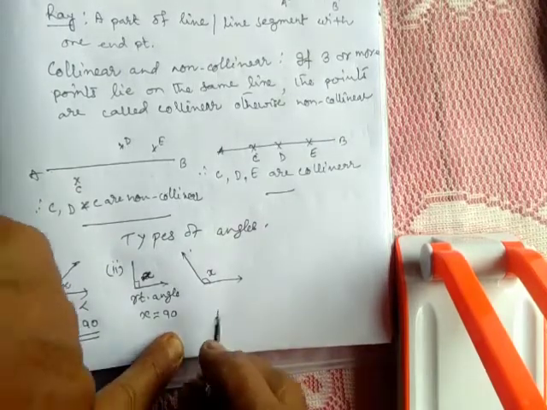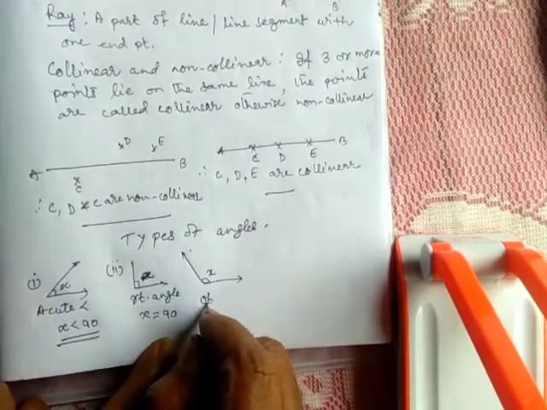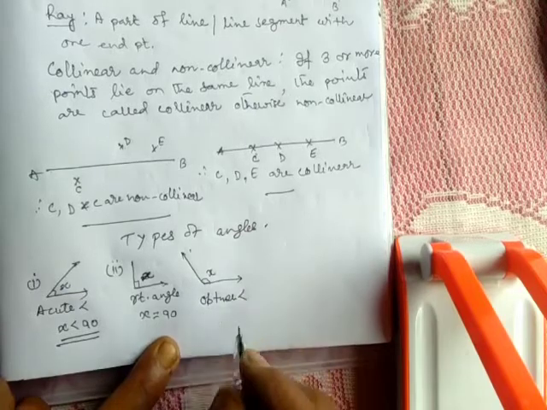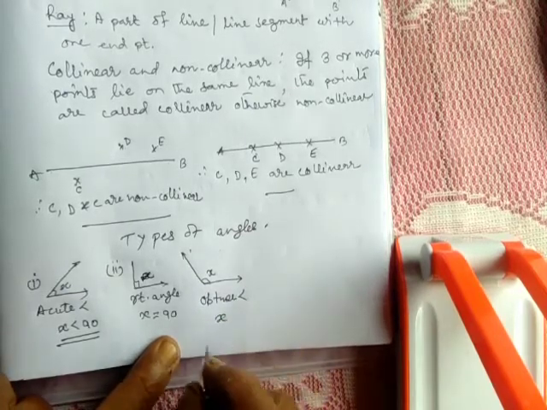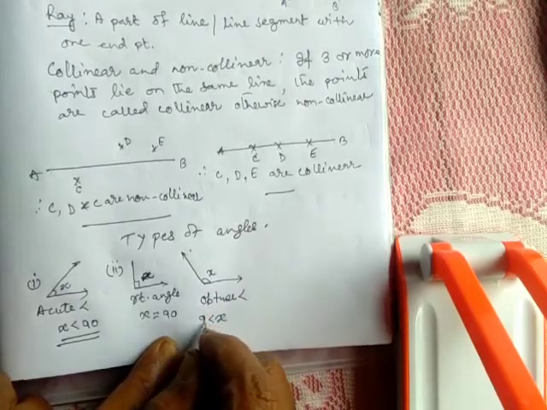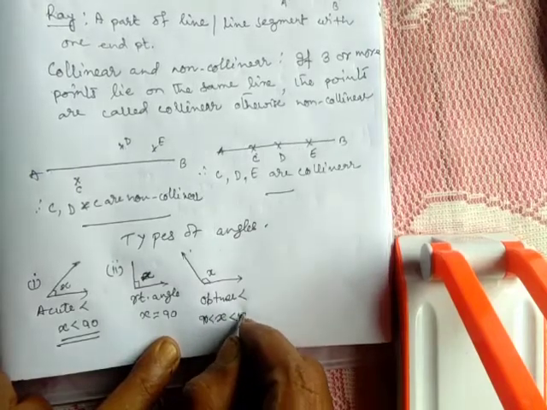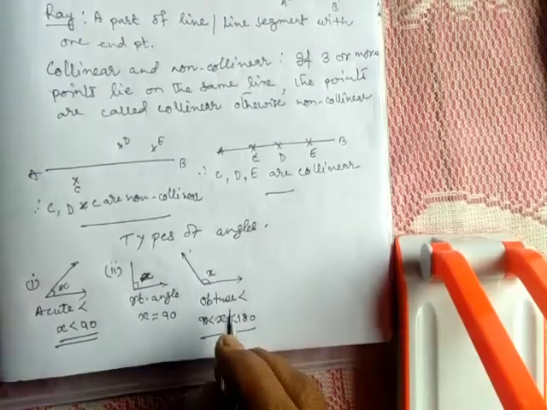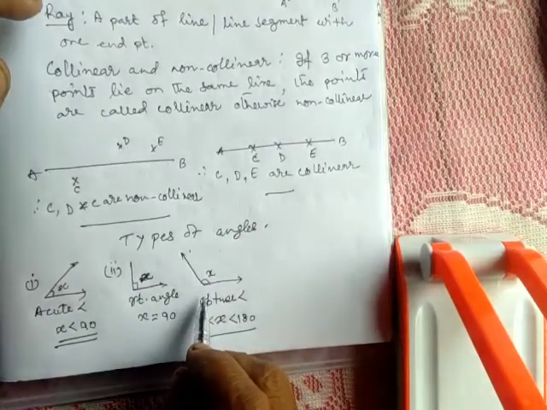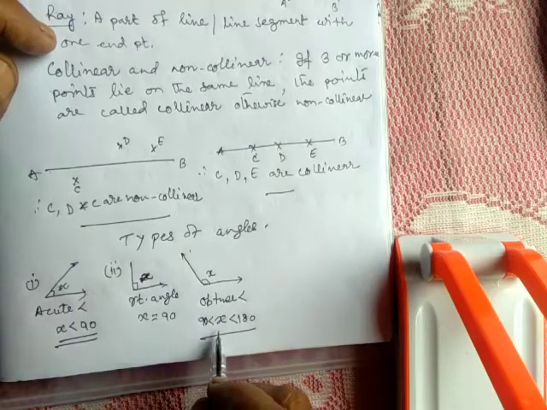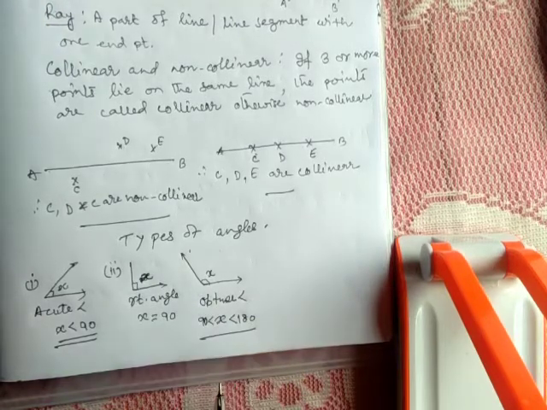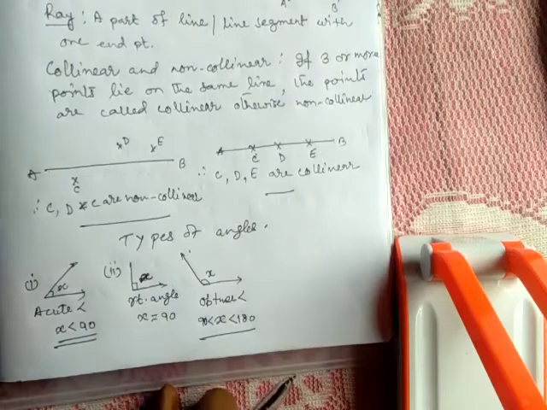This is an obtuse angle. Here x is greater than 90 but less than 180. Obtuse angle means that particular angle will be greater than 90 but less than 180.